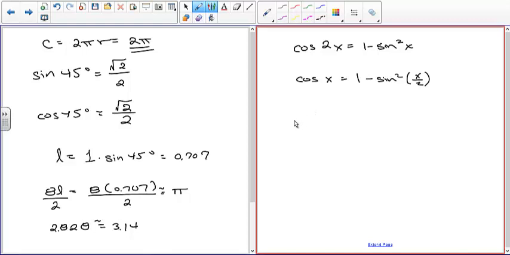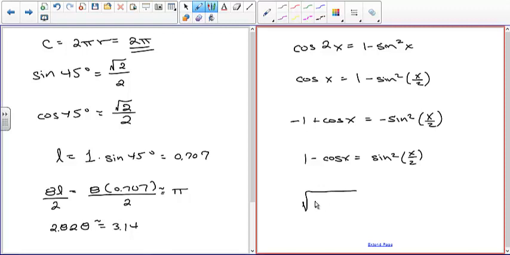So we're going to subtract 1 from both sides, divided by -1. So now I'm going to take the square root of both sides.